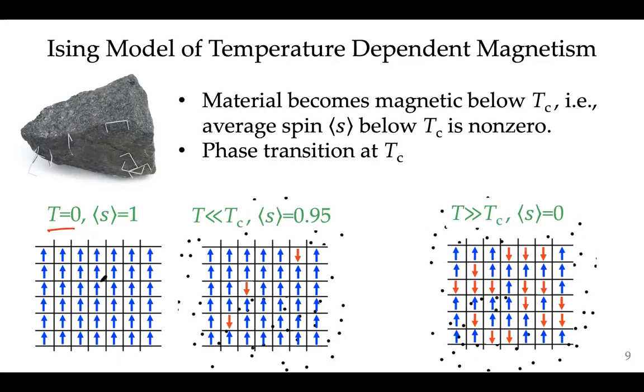So they're not going to hit the spins. They're not going to try to randomize them because it's 0 temperature. So in that case, the only player is the energy. And what does the energy want? It wants all the spins in the same direction, either all up or all down. In this case, I just drew the case where all the spins are up.